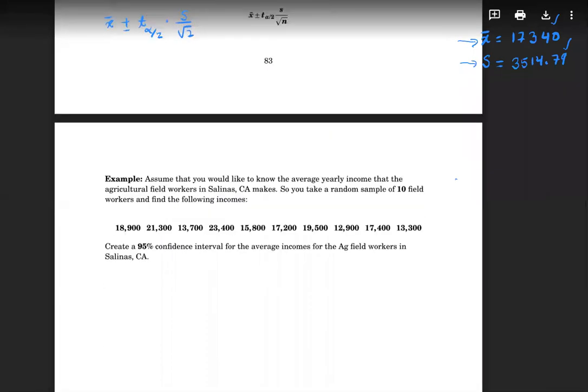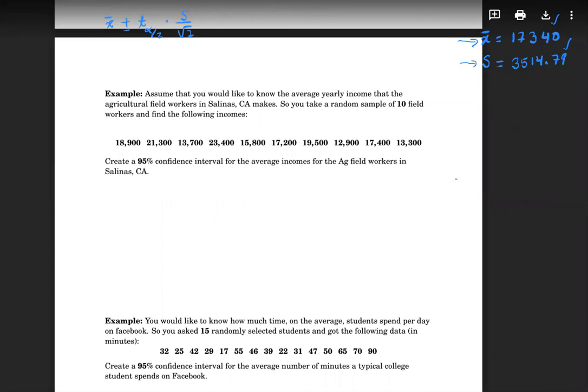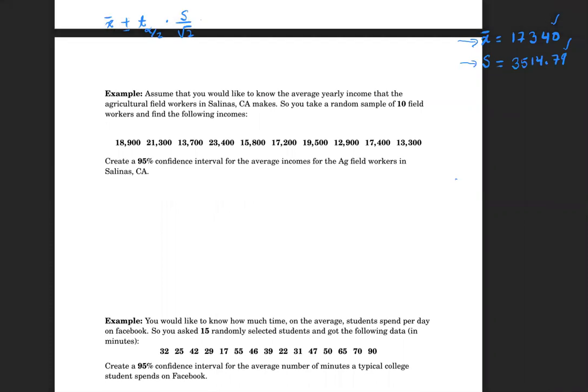Okay. Then my confidence interval is going to be this. X bar minus T sub alpha over 2 times S over square root of n, comma, X bar plus T sub alpha over 2 times S over square root of n.